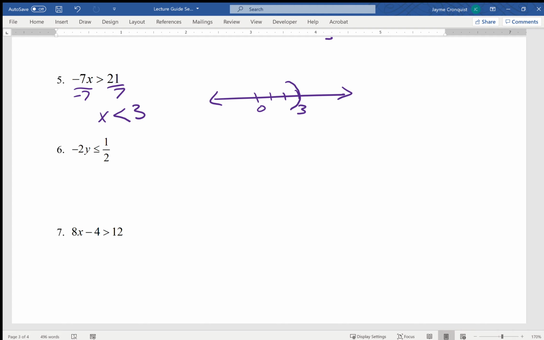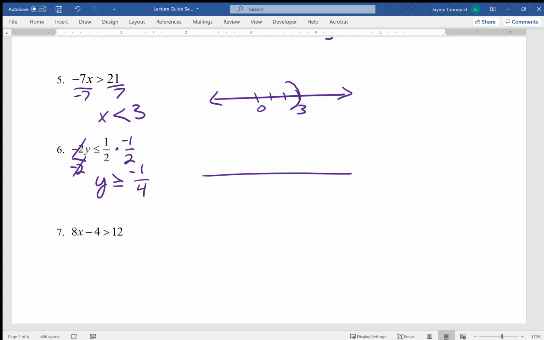All right. Oh, another negative. Okay, enough woo, woo. So we're going to divide by negative 2. Well, I'm really multiplying by a negative 1/2, because fractions are easier to multiply. The negative 2's cross off. I have y. It was negative, so I have to flip it to greater than or equal to. And I multiply straight across, I get 1 over 4.